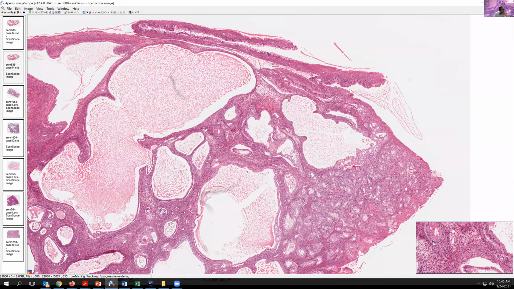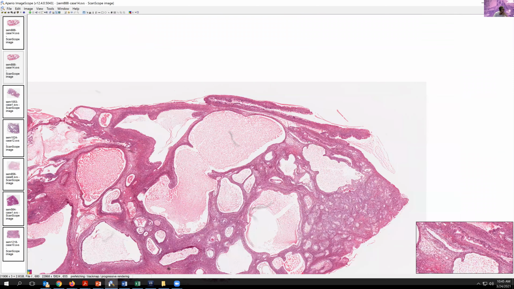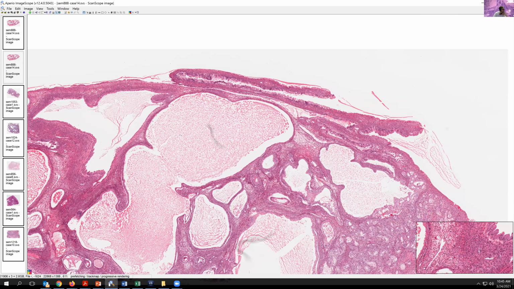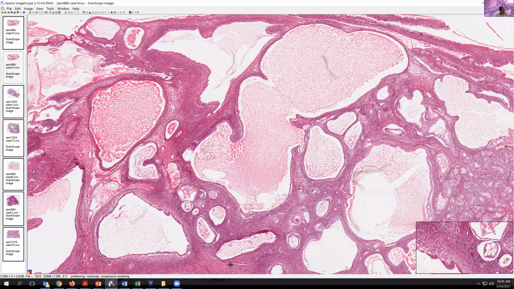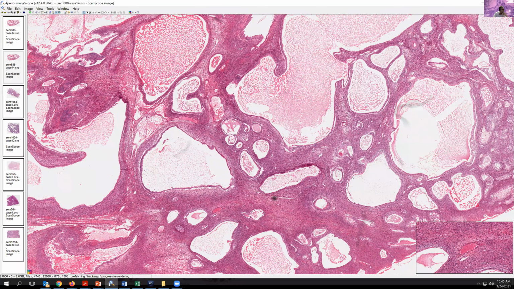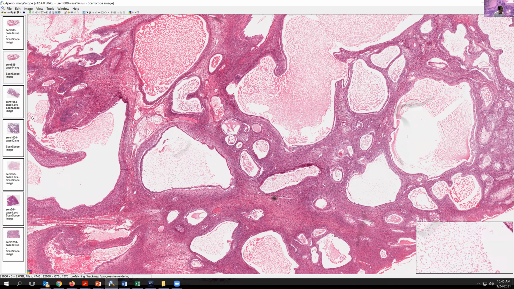So here is a situation where a high degree of suspicion and maybe a little bit of concern could be warranted. This would be a very easy case to mistake for a mucinous ovarian neoplasm or mucinous carcinoma of the ovary, but for just a few features that suggest metastatic disease.